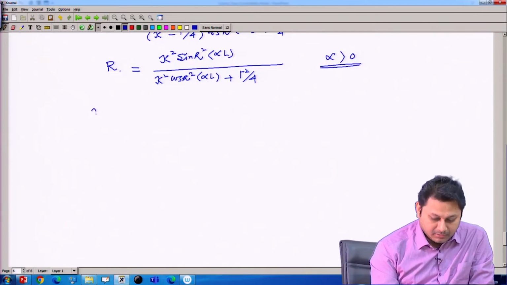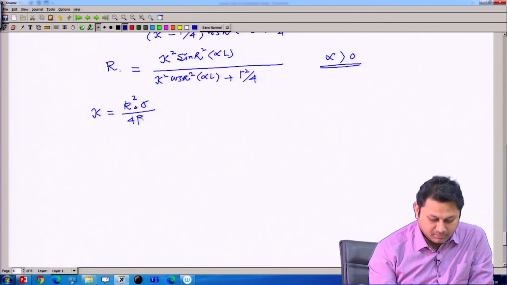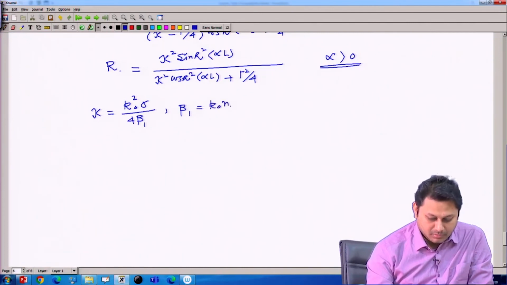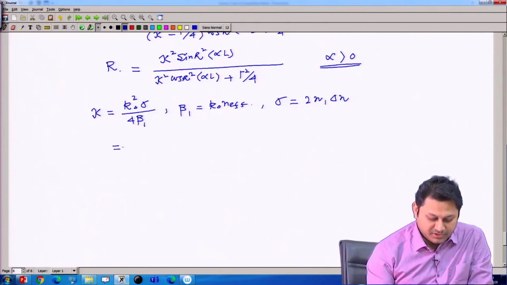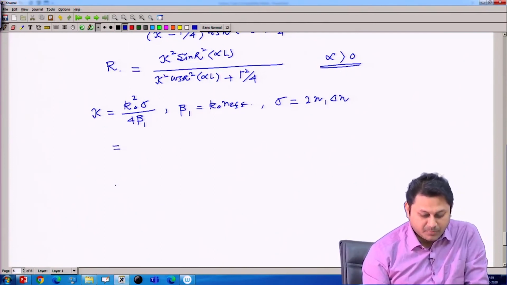By the way, kappa is equal to k0 square sigma divided by 4 beta 1. Beta 1 is k0 n effective, and sigma, these are the values we defined. So, let me write everything so that I can finally write the coupling coefficient in some well known form.